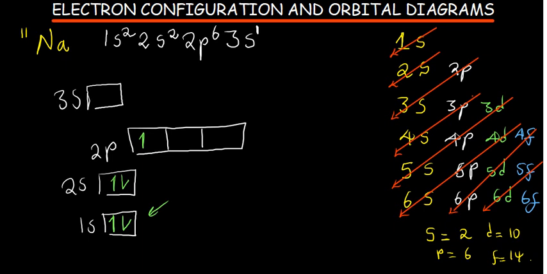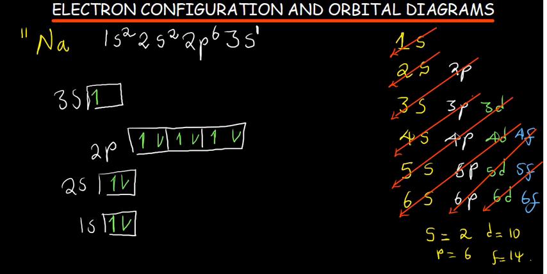You'll be counting 4, 5, 6, 7, 8, 9, 10, and then the 11th one. Now you jump to a higher energy orbital. This is the orbital diagram for sodium. Are we okay? Yes, go on.